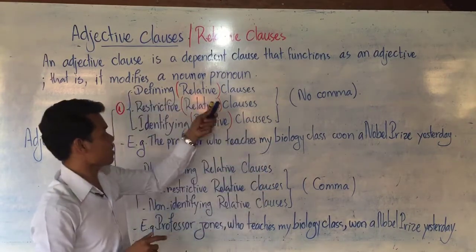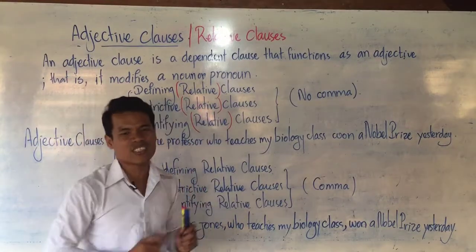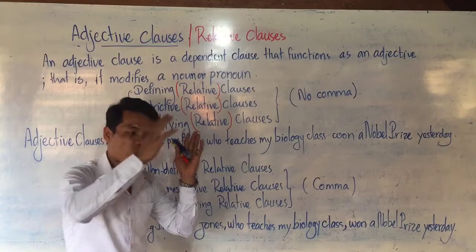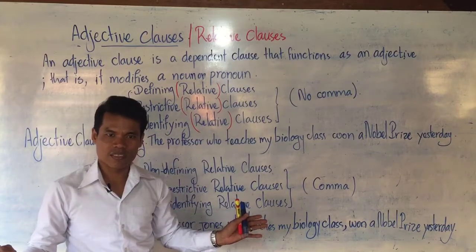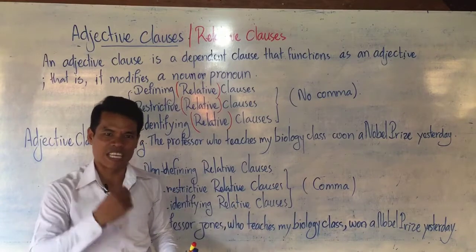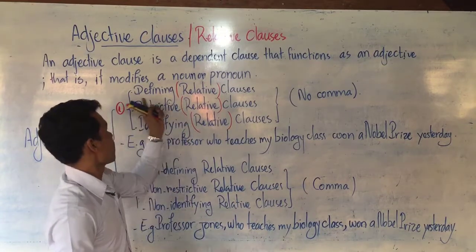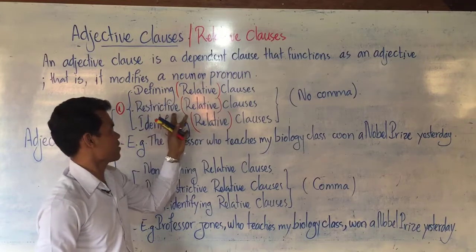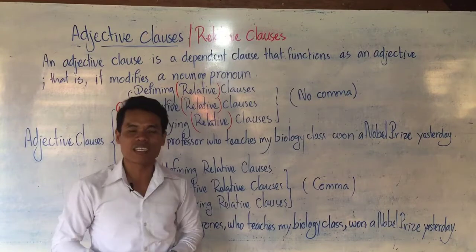It means that the clause is really essential. When you leave it out, it does not make sense. It is not really clear which one it refers to. So for defining or restrictive clauses, there is no comma, because the information is really essential to the meaning of a sentence.